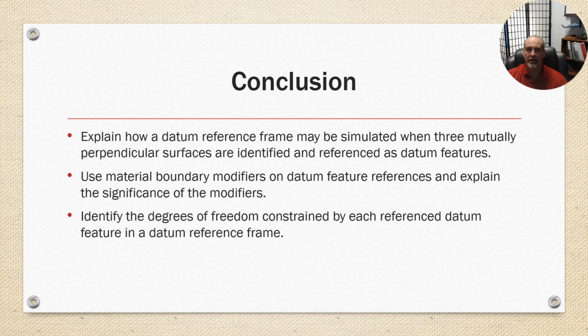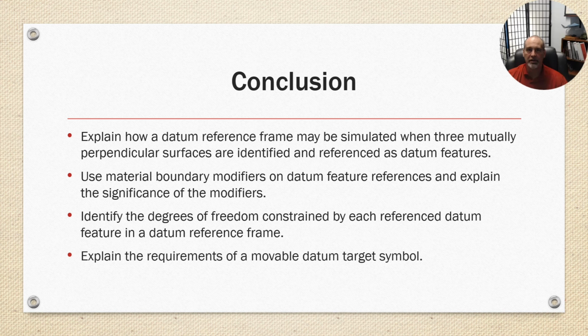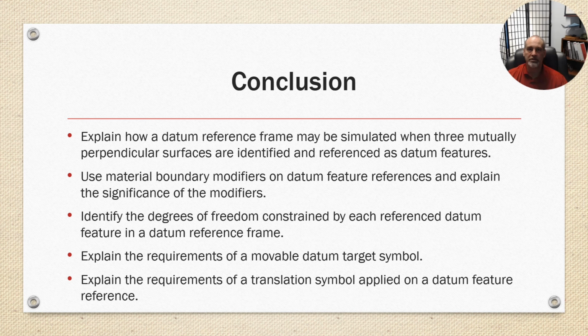Identify the degrees of freedom constrained by each reference datum feature in a datum reference frame. And explain the requirements of a movable datum target symbol and of a translation symbol applied on a datum feature reference.